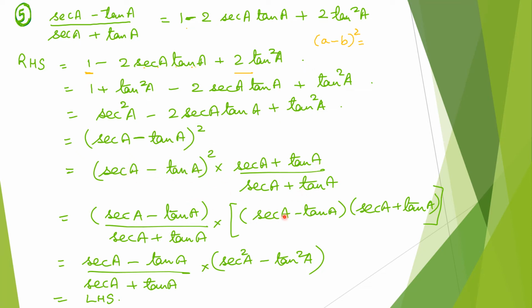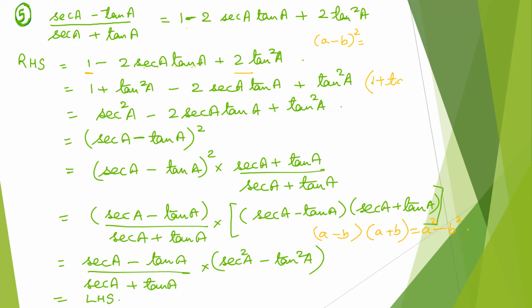That means secant a minus tan a into secant a plus tan a. This is going to become a minus b into a plus b. So this is a formula, that is a minus b into a plus b is equal to a square minus b square over here.